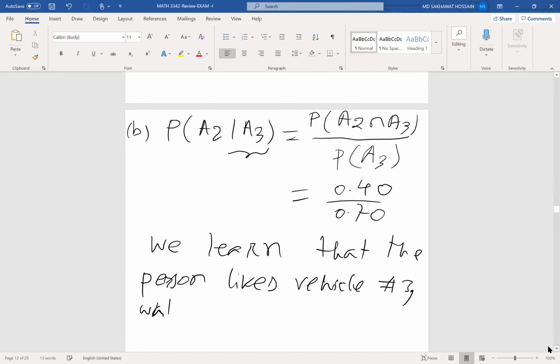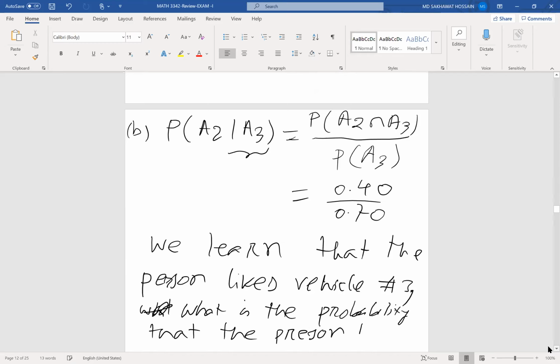What is the probability that the person likes vehicle number 2?